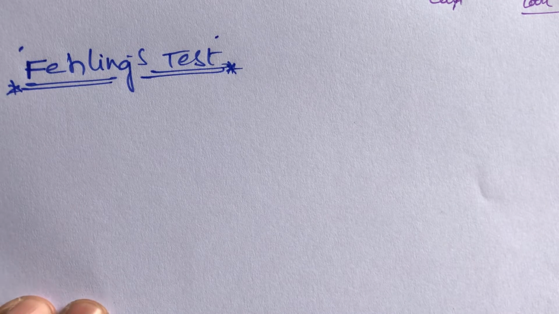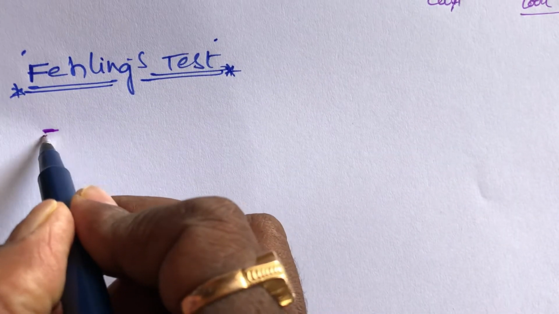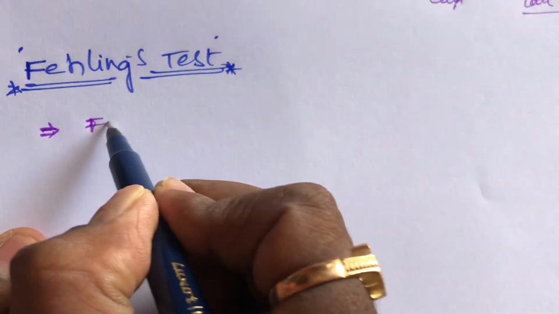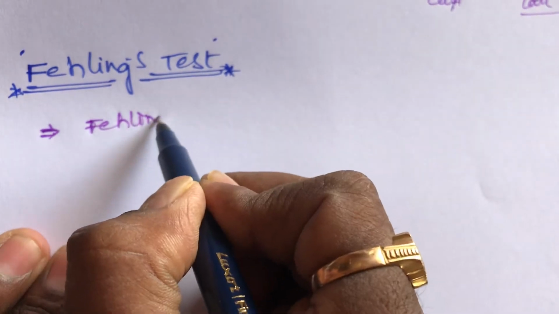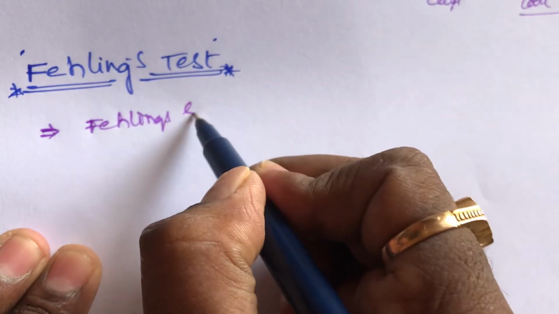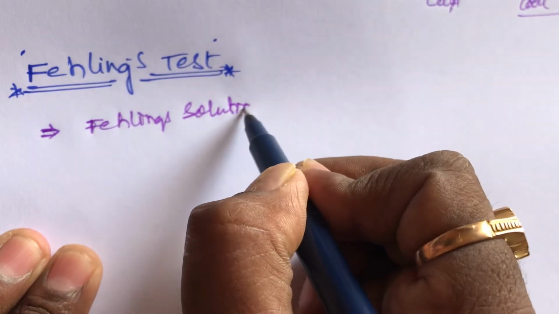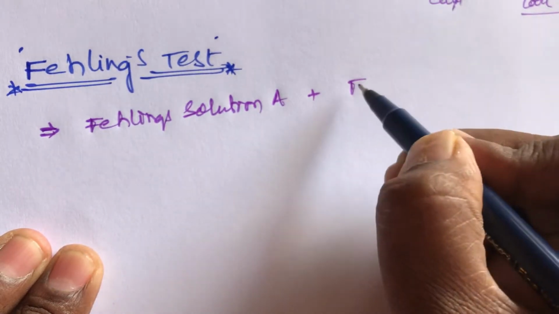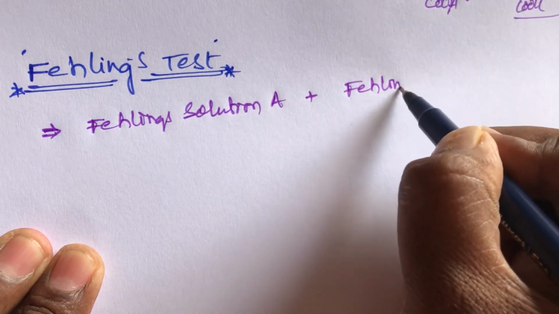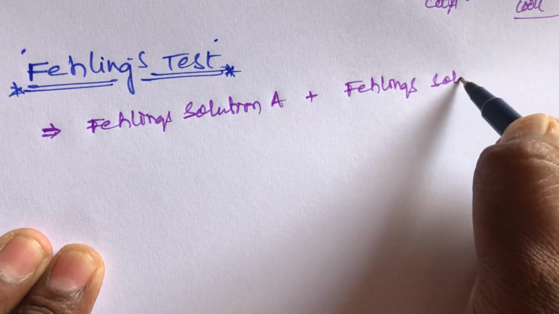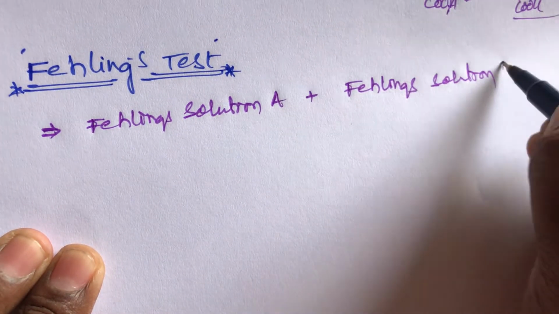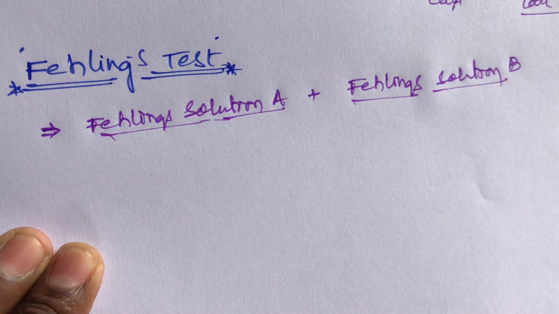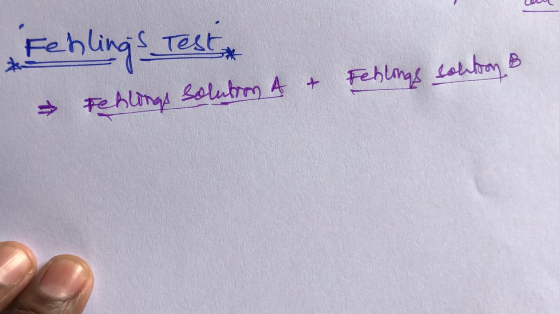Simply remember, students, Fehling's reagent is the mixture of Fehling's solution A plus Fehling's solution B. So what is Fehling's solution A, students?